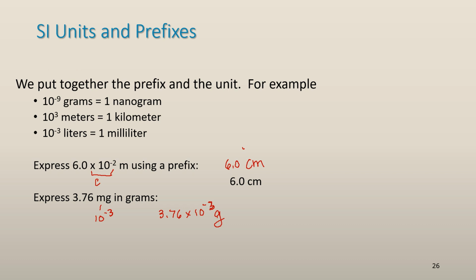Now, technically I could also write this as 0.060 meters, which is the same as 6 centimeters. These are the same number, but this is easier because if you remember the prefix and the exponent, then you can do it really carefully.